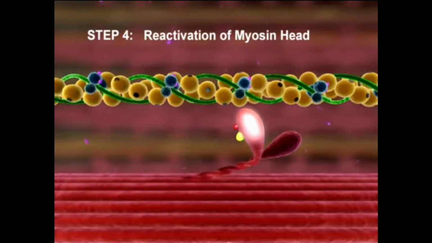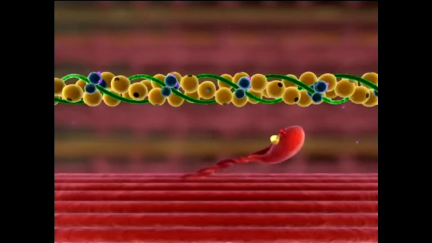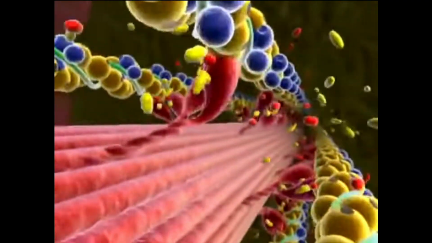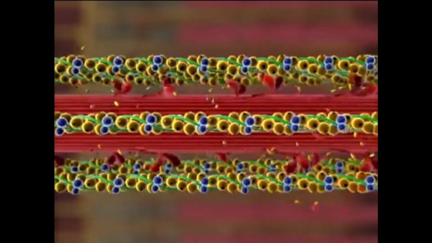The energy released during hydrolysis reactivates the myosin head, returning it to the cocked position. As long as the binding sites on actin remain exposed, the cross-bridge cycle will repeat. And as the cycle repeats, the thin myofilaments are pulled toward each other and the sarcomere shortens. This shortening causes the whole muscle to contract. Cross-bridge cycling ends when calcium ions are actively transported back into the sarcoplasmic reticulum.